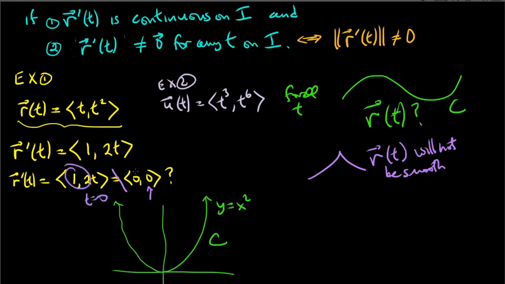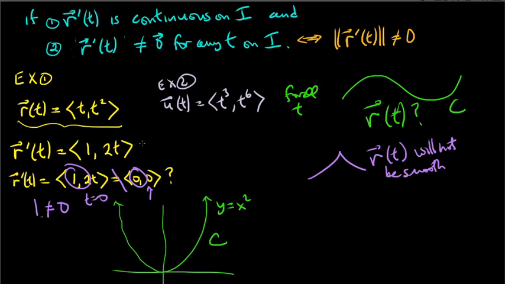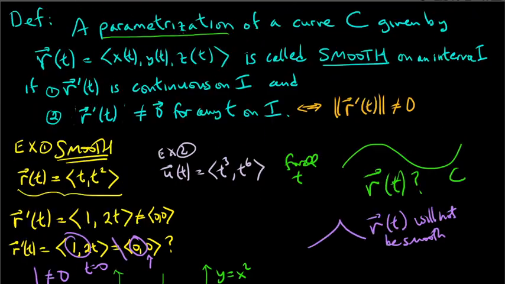But the x component is 1. And as far as I know, 1 is not equal to 0. So part 2 is satisfied, that this vector will never be equal to 0, 0. It'll never be the 0 vector. So yes, this is smooth. It satisfies both parts 1 and 2.